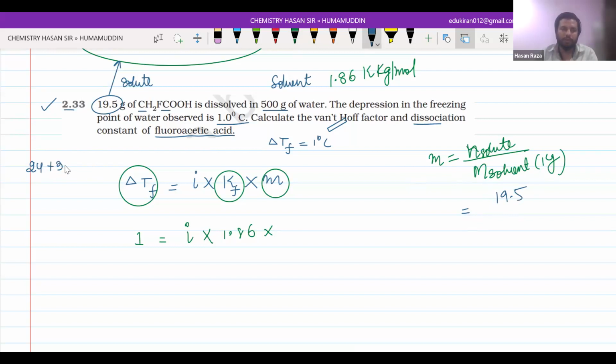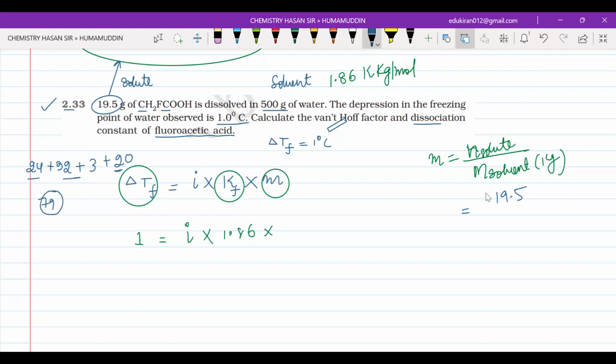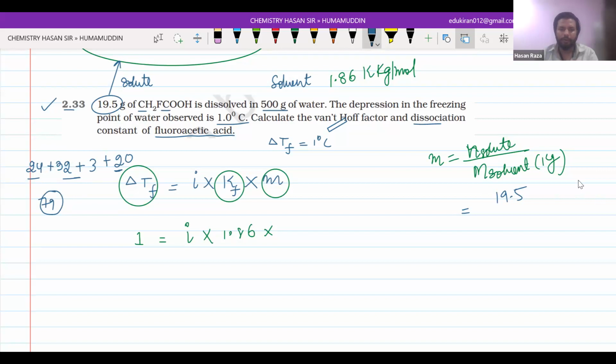Two oxygen, one oxygen 16, so 32, plus three hydrogen, as well as fluorine, that is almost 20. So the molar mass will be approximately 79. Are you getting my point? Yes. So you can easily calculate. Oh, wait a minute. We need to calculate the Van't Hoff factor, right?